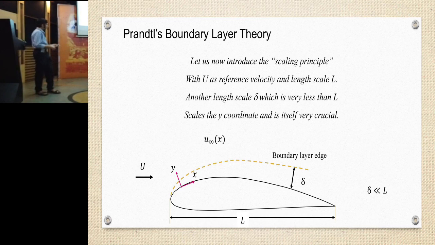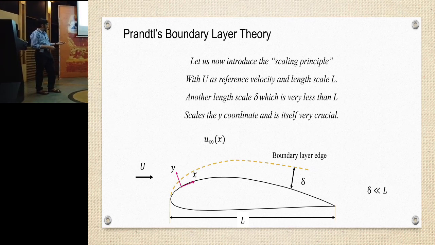But for non-dimensionalizing distances, there are two choices available. One is the length of the aerofoil, the chord length, and the second is the thickness of the boundary layer, which is delta.